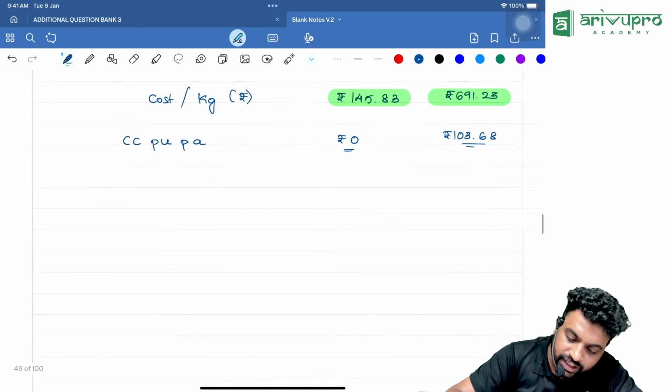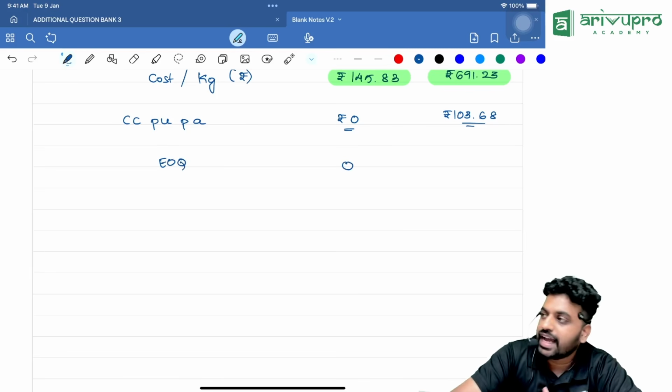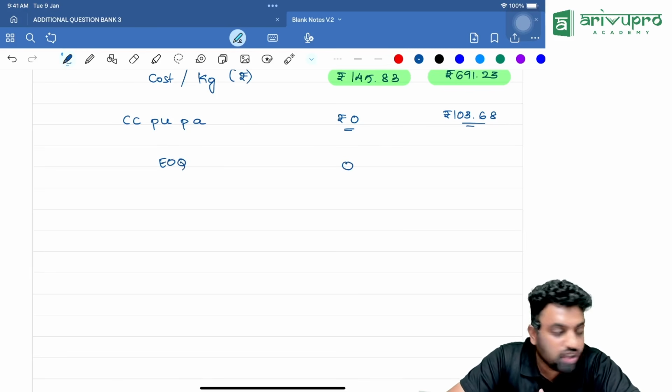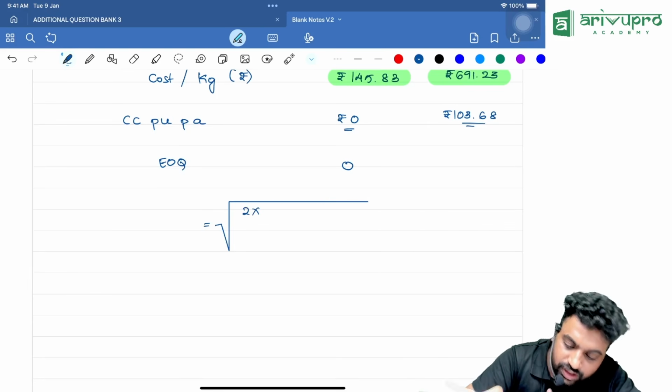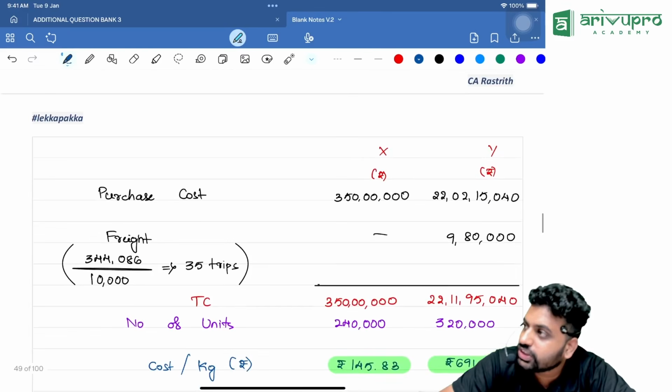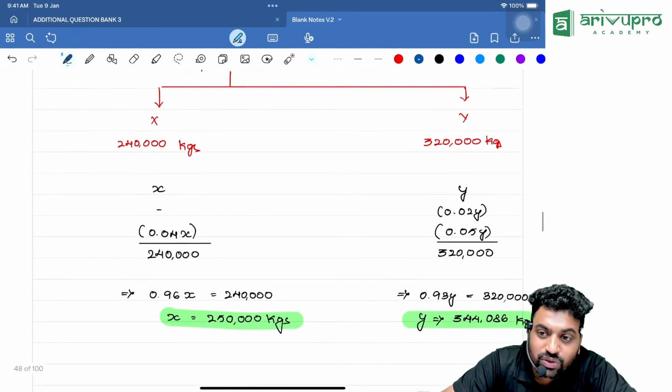So EOQ for the first one would be of course 0, since carrying cost is 0. But EOQ for the second one would be square root of 2 into A. A is how much? Not 320,000.